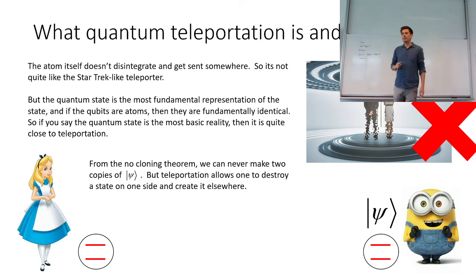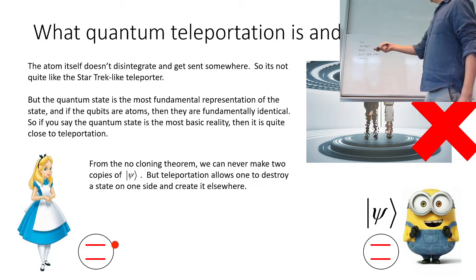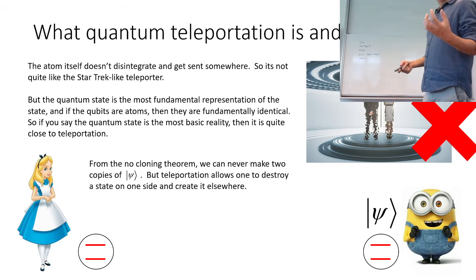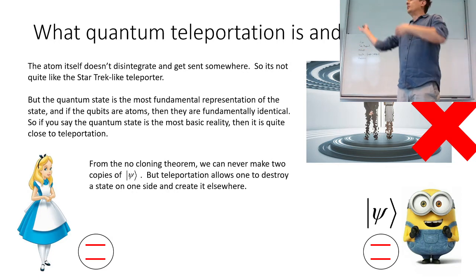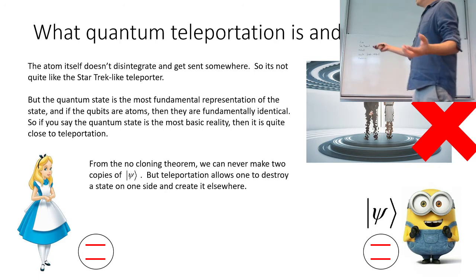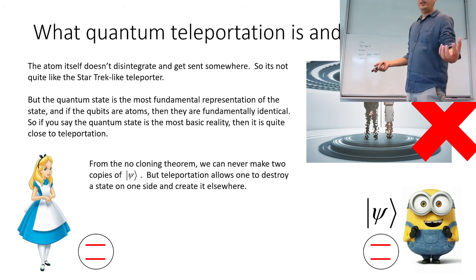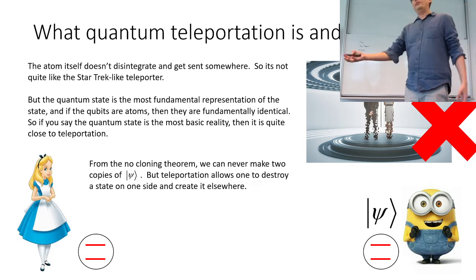Quantum teleportation is not really that, because of course this qubit here, which is probably some kind of physical object like an atom, can't just disintegrate and go somewhere, right? So the atom or qubit that Alice holds is always there from beginning to end, and also the qubit that Bob holds is there from beginning to end.